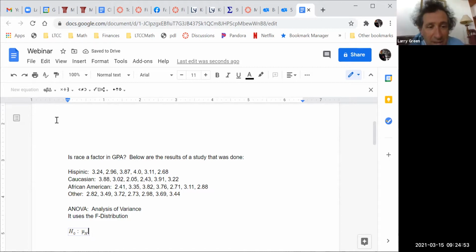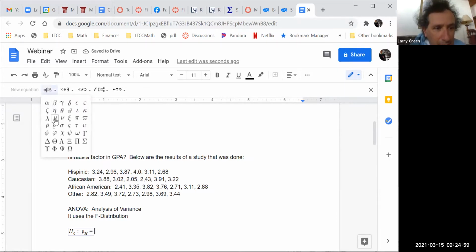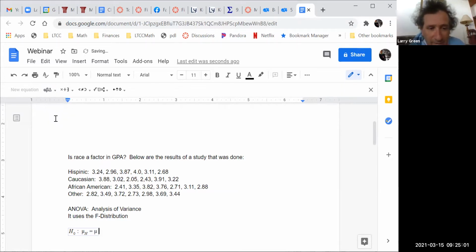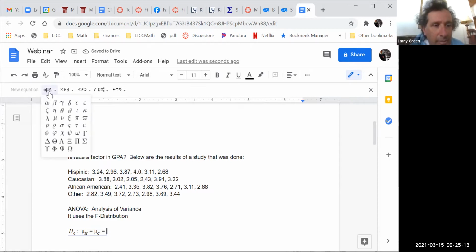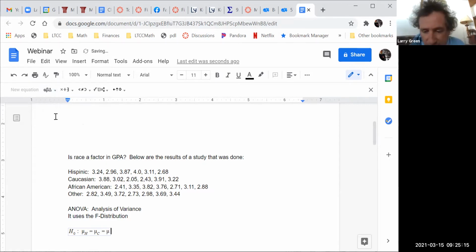And if they're all the same, then it should be an equal sign. And then that should be equal to mu sub c. So H for Hispanic, C for Caucasian. And that should be equal to mu sub A for the African American mean GPA.